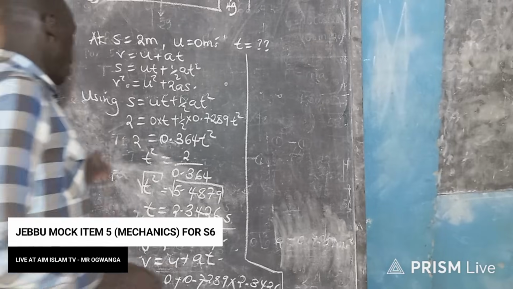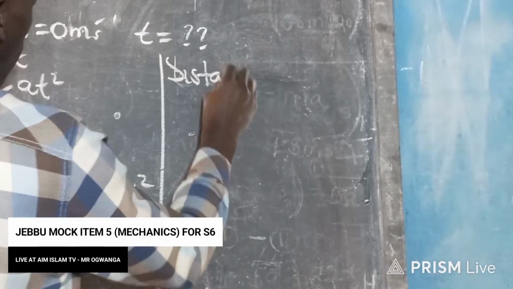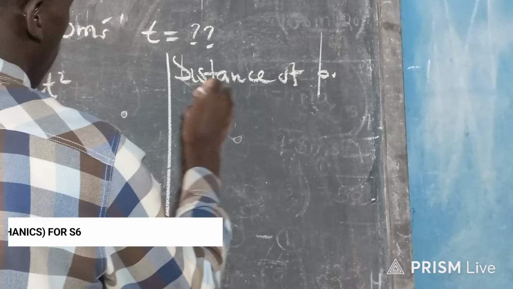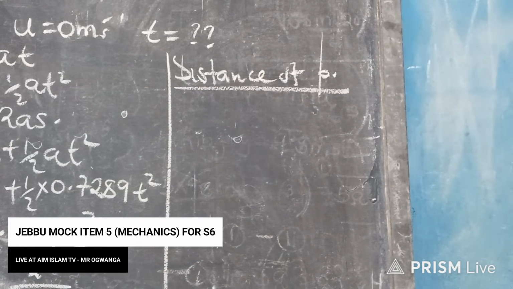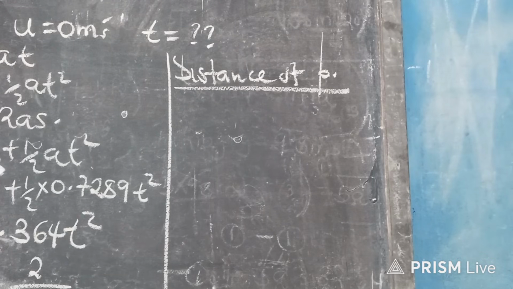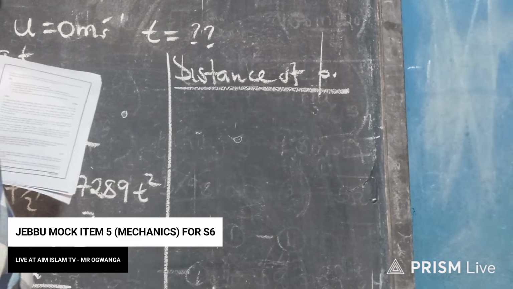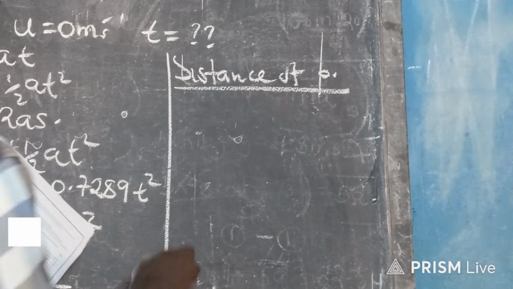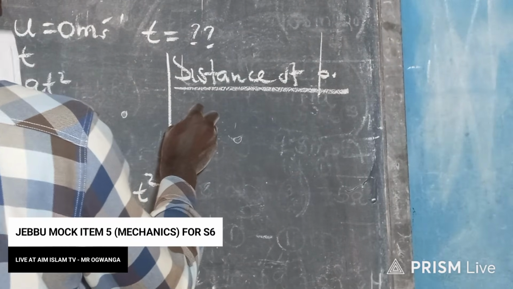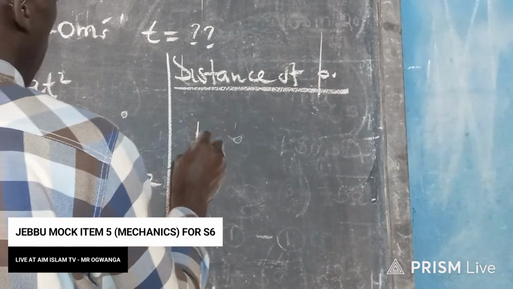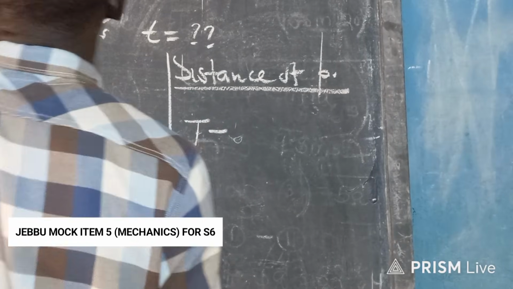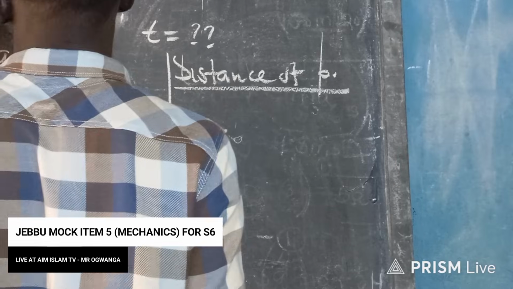So now we can get the distance of P. The distance of P, we'll have to first look at P itself. From the expression, we add the T minus all of this.